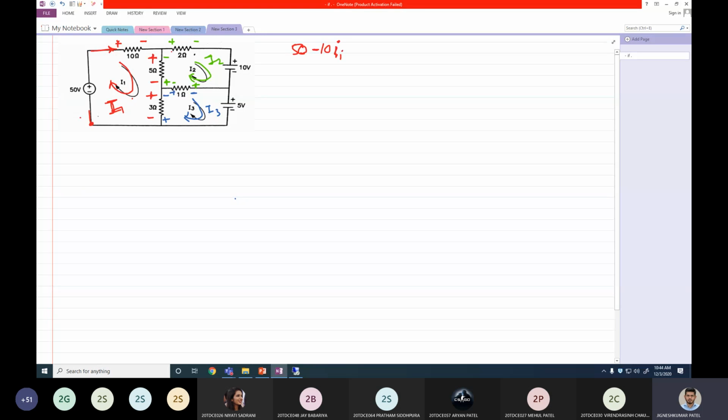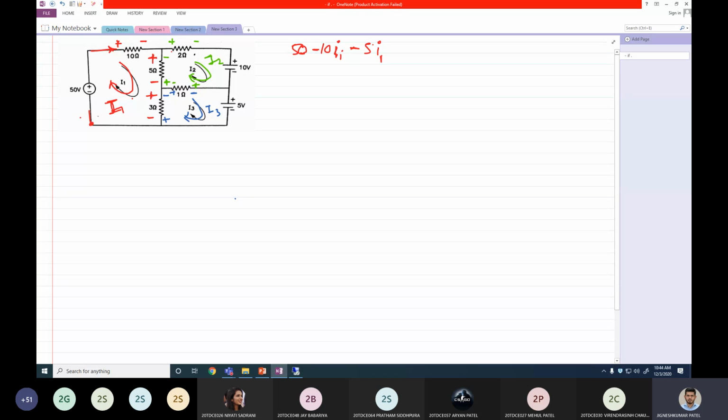Why? Because the 10 ohm resistor creates a voltage drop for current I1. Same way, I'll move ahead with the 5 ohm resistor. For that, I'll write minus 5I1.